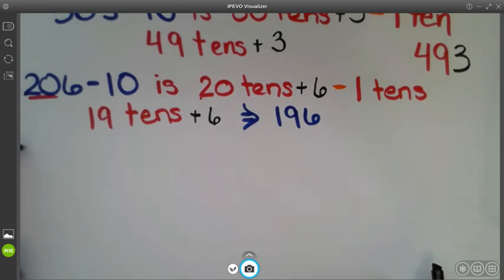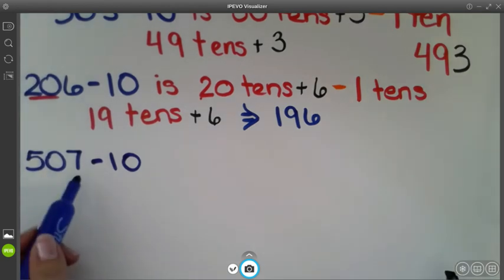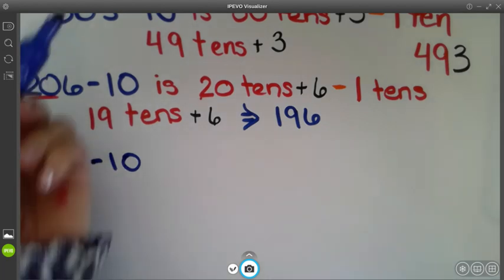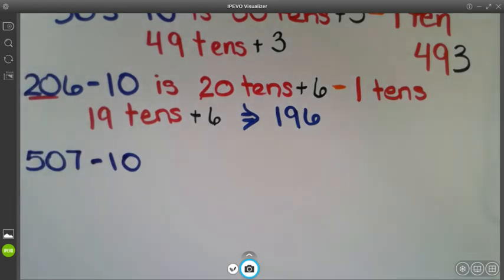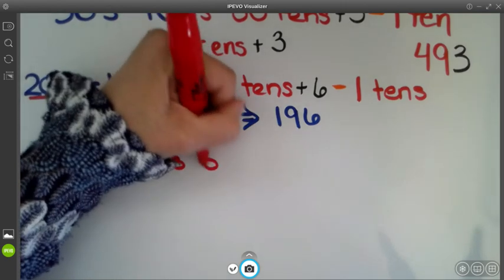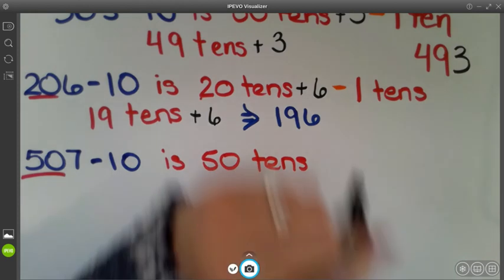Okay, so we're going to say 507. And you can see, this is a great tool for when you're kind of close to those 100 numbers, right? When you can't just take away the 10 because you're so close to the 500, the 200, whatever number that is. So you have 507. Of course, we know that 507 is 50 tens plus 7.